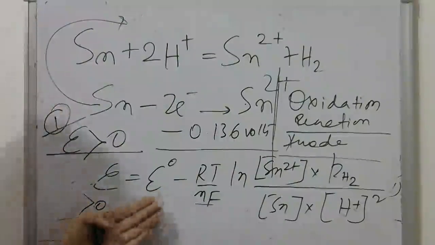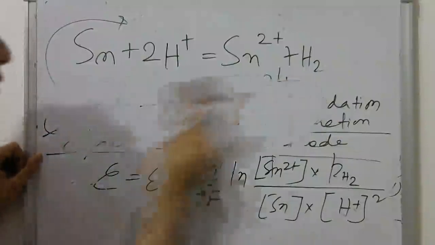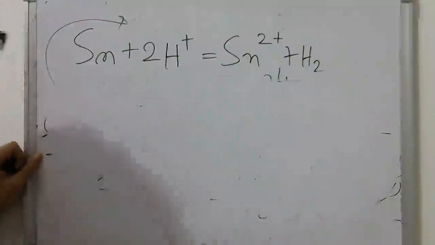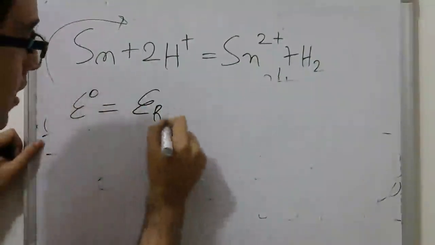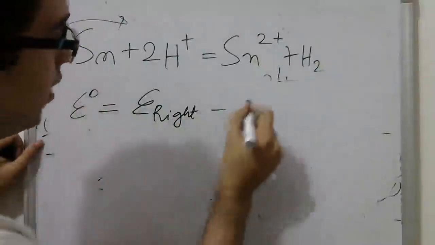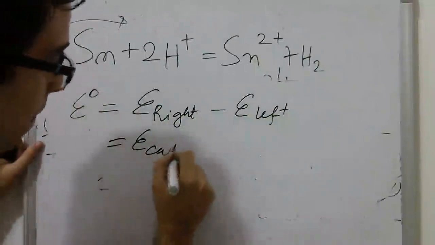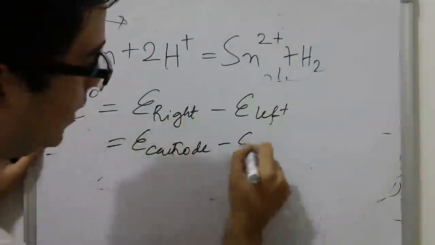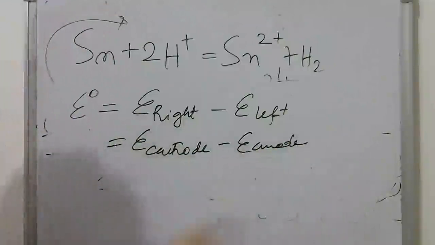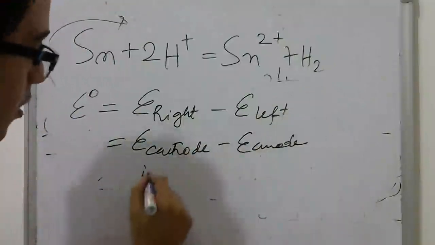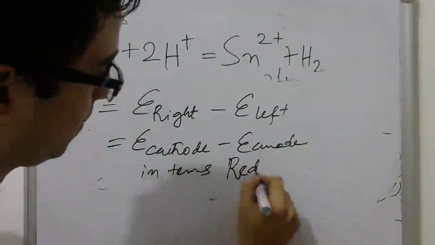What is the E0? Let's go back again to the basics. E0 is nothing but E right minus E left, or E cathode minus E anode, everything in terms of reduction potential.